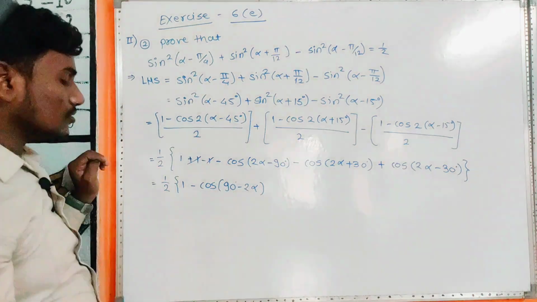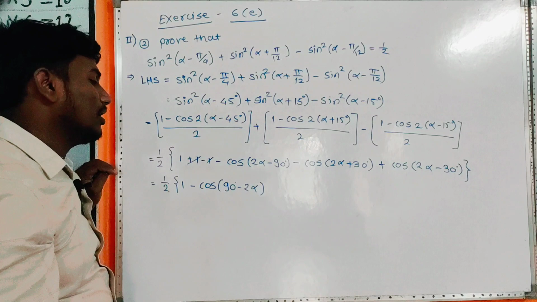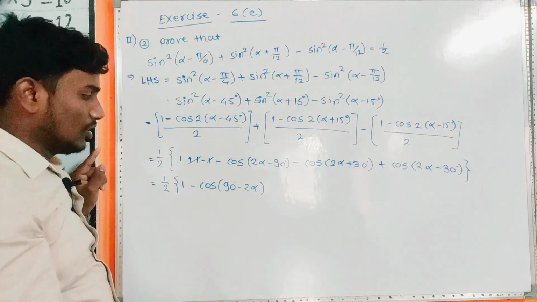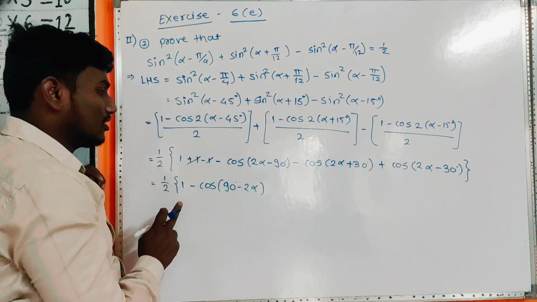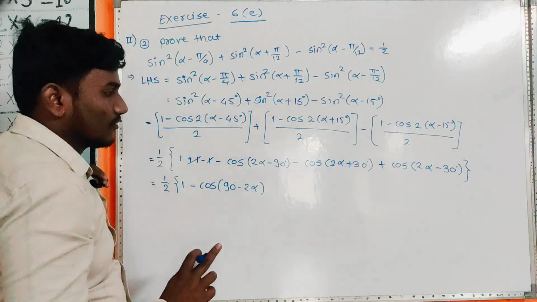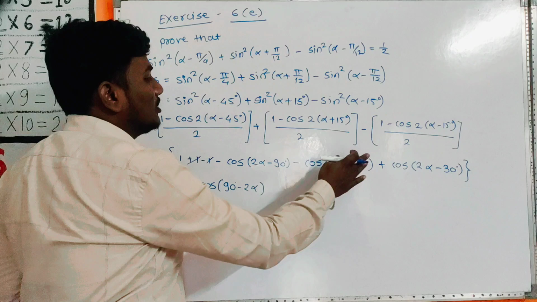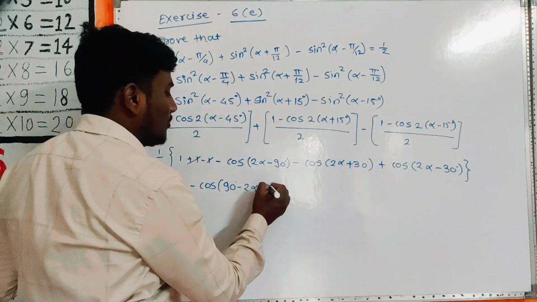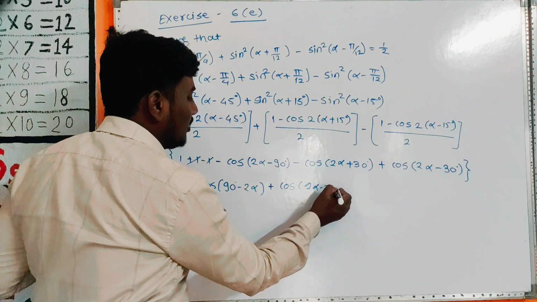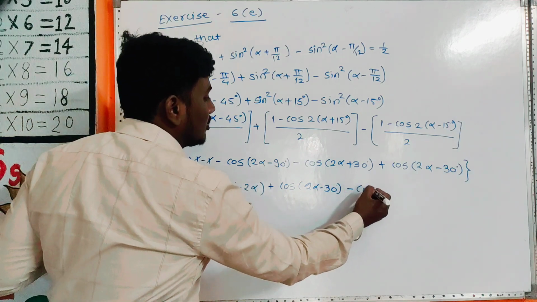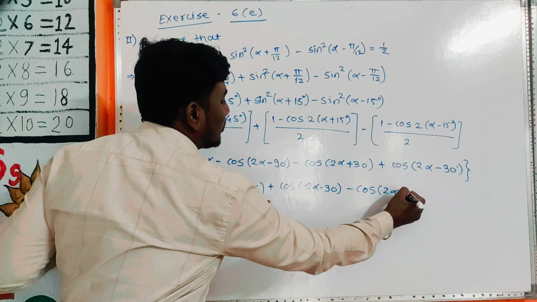Yes, because we take the minus common, cos(−θ) is equal to cos θ. So therefore this is cos (90 − 2α). Now this can be written as plus cos (2α − 30 degrees) minus cos (2α + 30 degrees).